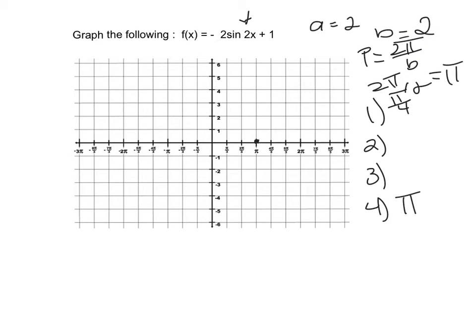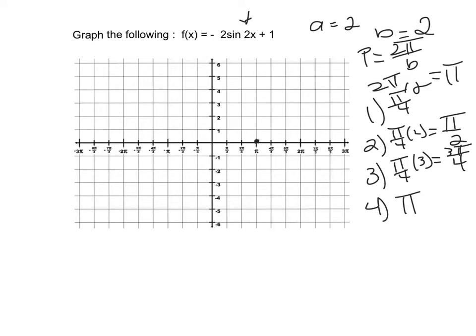My second interval is I'm going to take that pi over 4, because I'm going to go up by pi over 4 every time, and multiply it by 2, which gives me pi over 2. Then I'm going to take that pi over 4 again and multiply it by 3, because it's going to go up by pi over 4 every time. So that gives me 3 pi over 4.